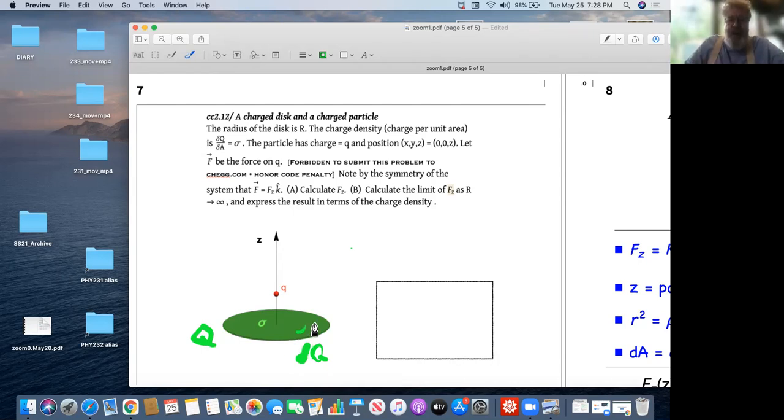It's got a little bit of an angle, and that makes a certain area. And dq, the amount of charge in that little area, will be equal to the charge density, the charge per unit area, times the area.